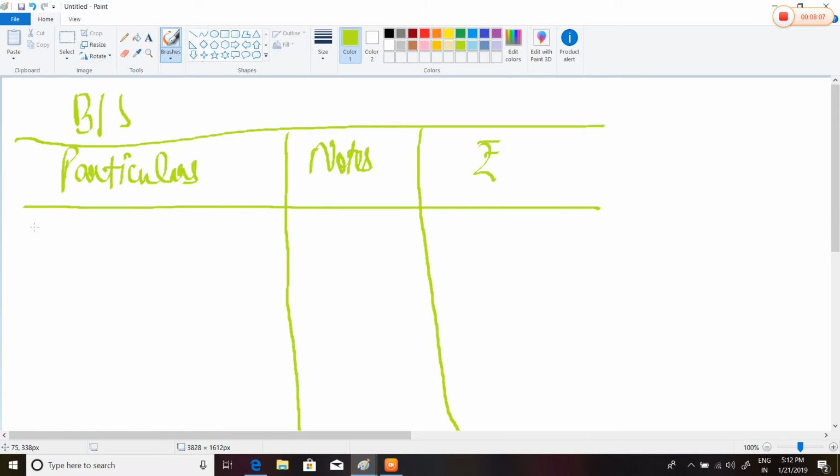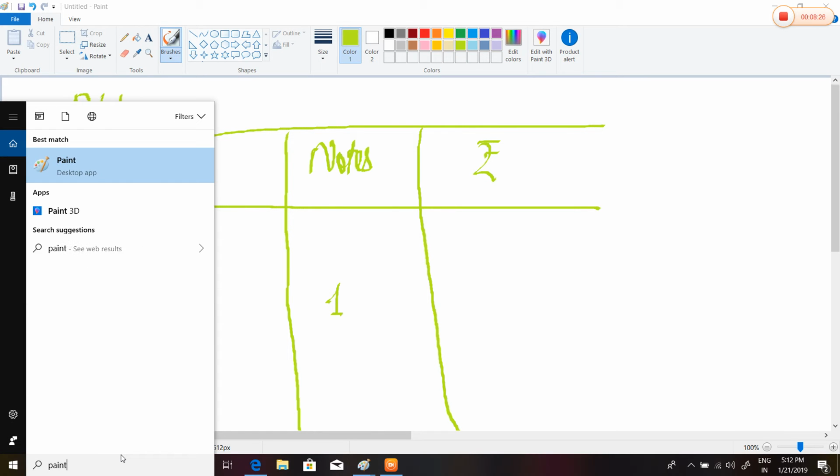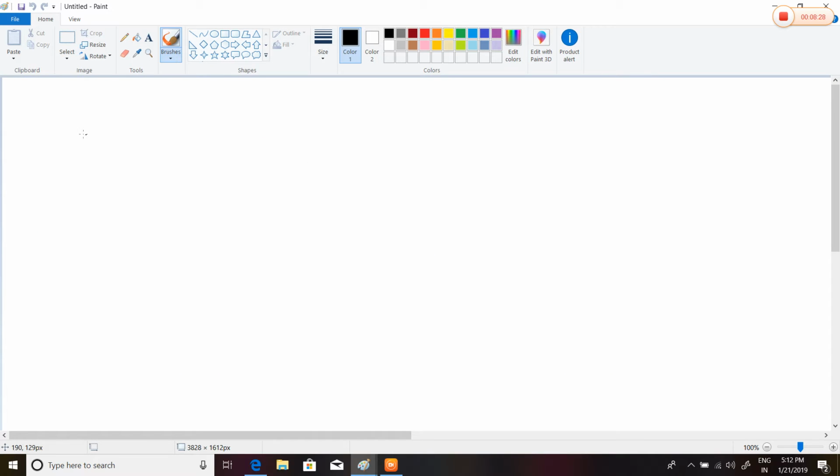See, first it's equity and liabilities. Then under this, shareholders' funds, first share capital, note to accounts number 1.